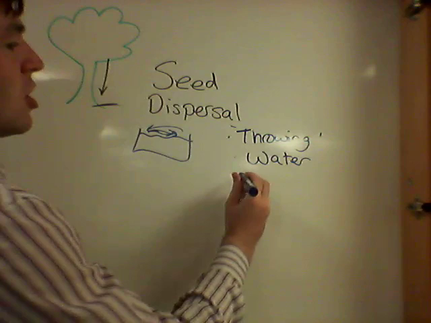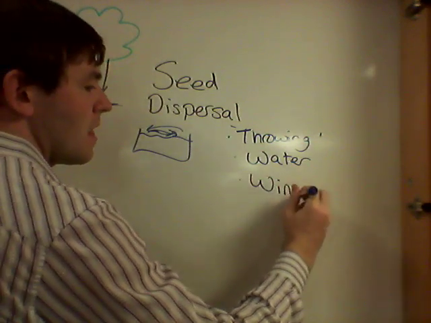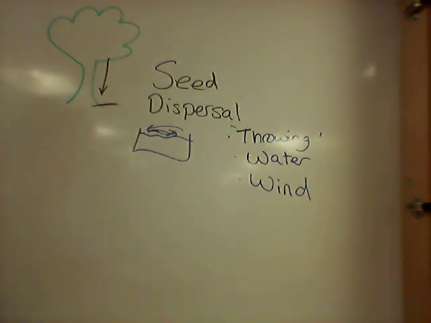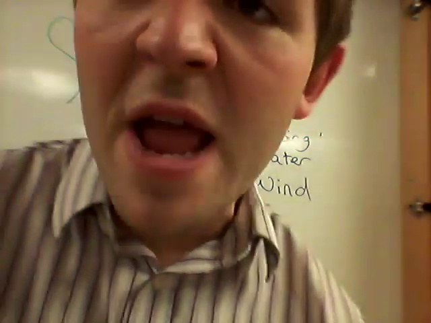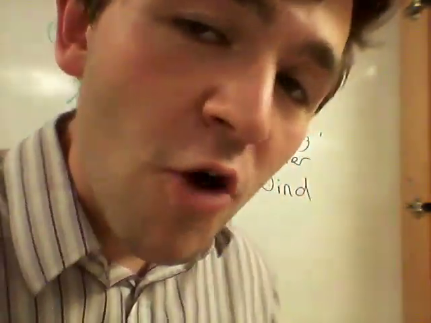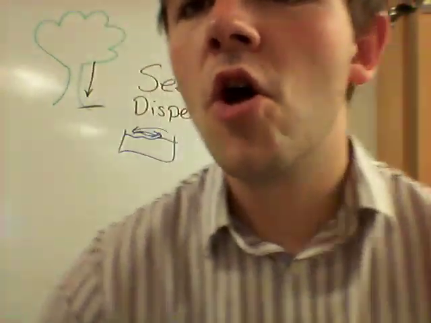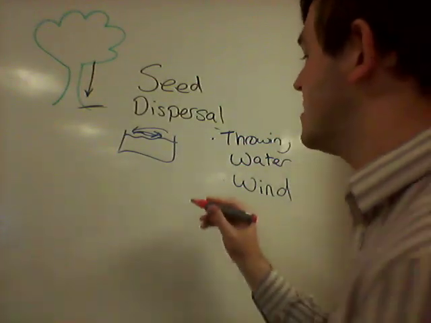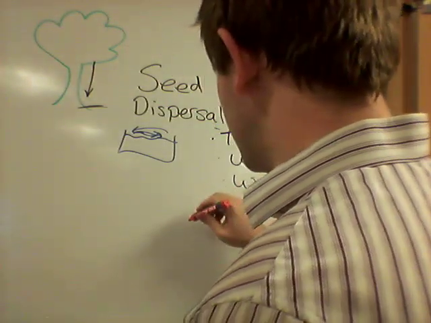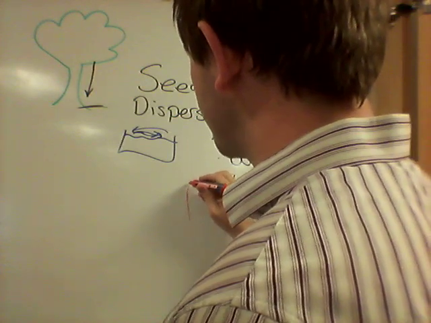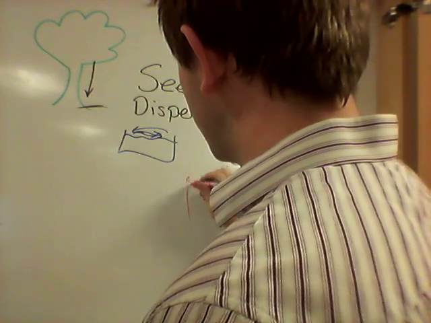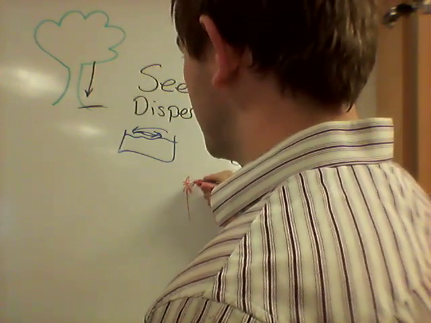We can also use the wind. The wind is super good for spreading as well. What we can do with the wind is, of course, you've all surely had the plants that are lovely and fluffy.